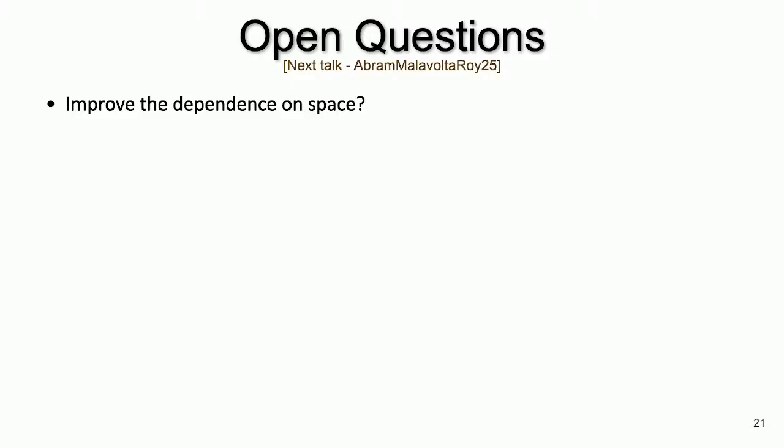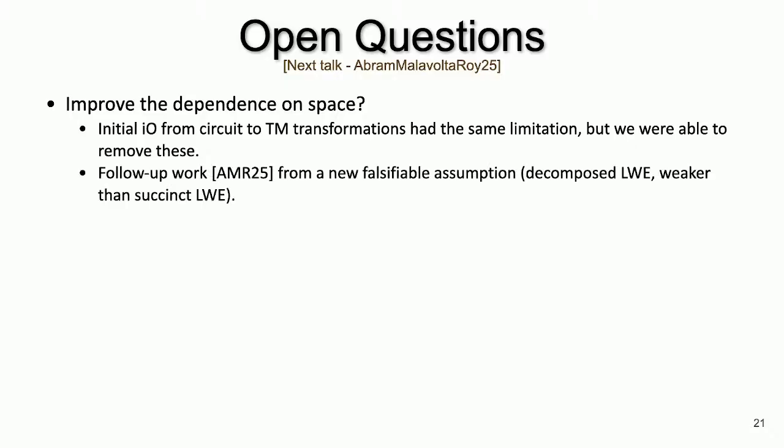This is reminiscent of some of these IO works originally, where we originally had something which depended on space, and then we showed how to get rid of it. So is the hope that you can get rid of the space? And follow up, Julio's work does this, but under a new assumption, decomposed LWE.